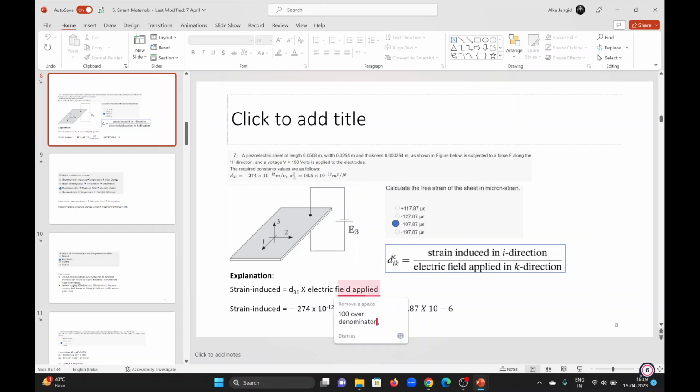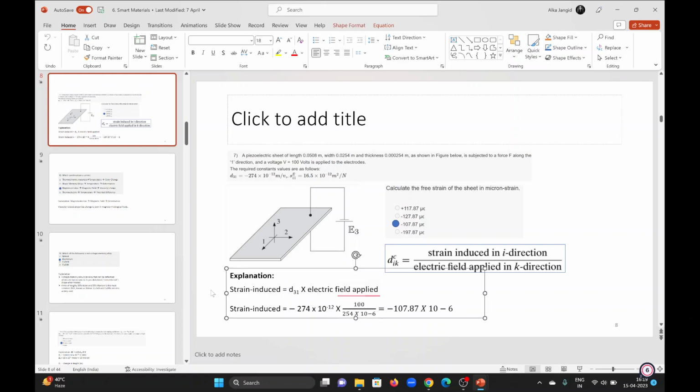Now the electric field we can write simply as voltage divided by length. The length here is in the thickness direction, so the electric field is voltage divided by thickness.